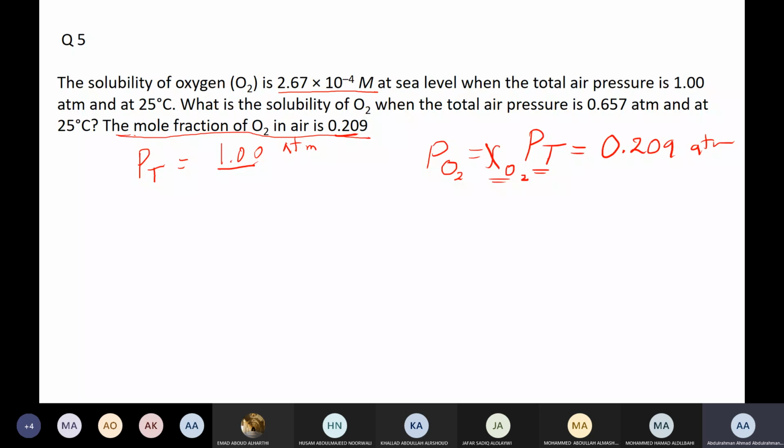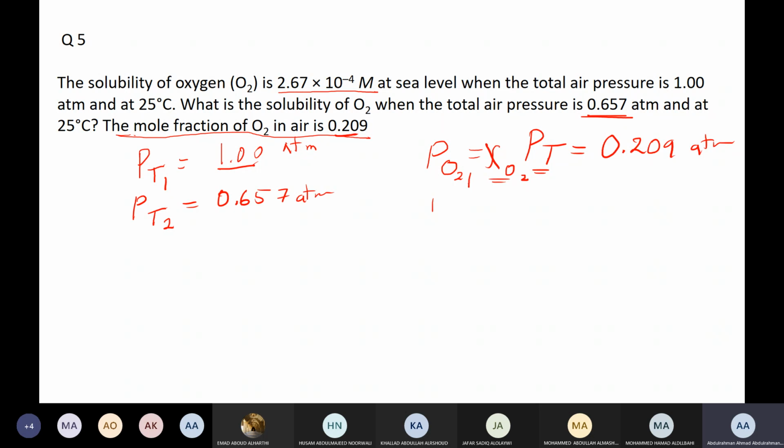Now, if the total pressure changes and becomes 0.657 atmosphere, so P total again changes. I'll call this one P total 1 and P total 2, and the pressure of O2 1, and then I would say P2, and this is 0.657 atmosphere.